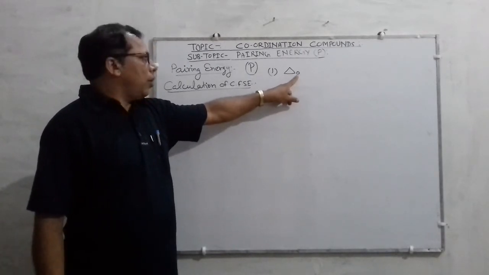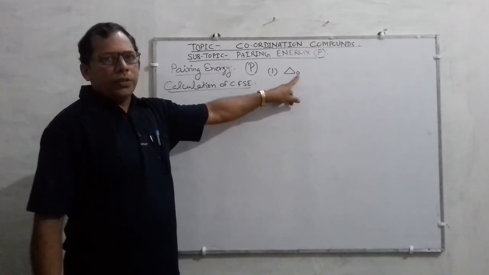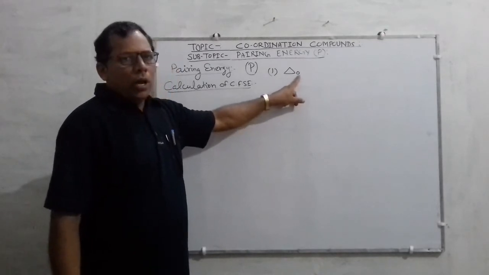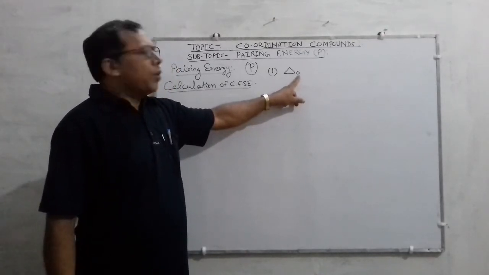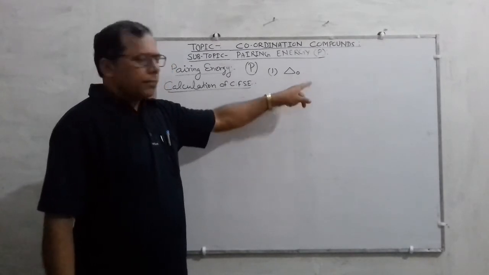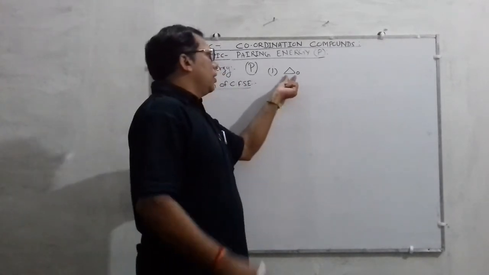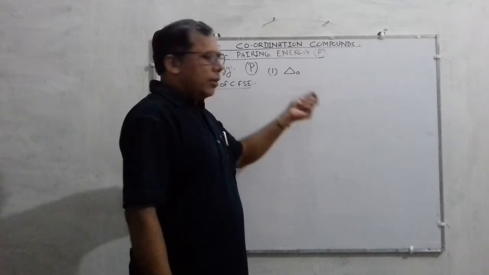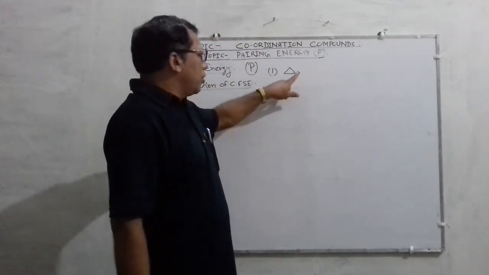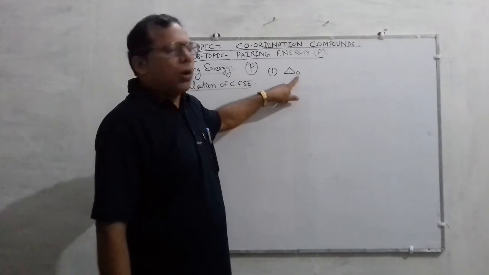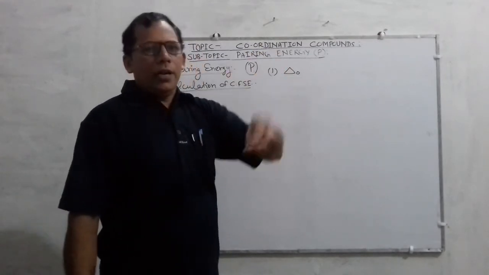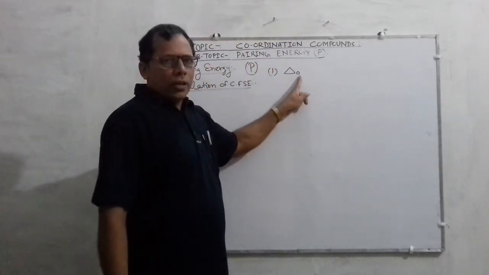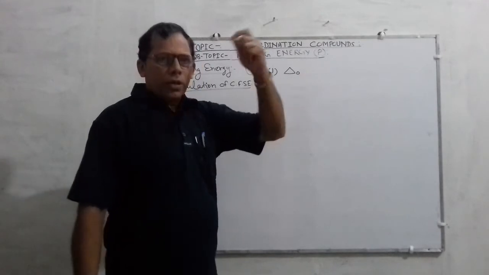This O is a subscript for octahedral complex, so you can read it as del 0, del O or del octahedral. In the case of tetrahedral complex, this O will be changed into small t, and it is called del T. So this O stands here for octahedral complex.